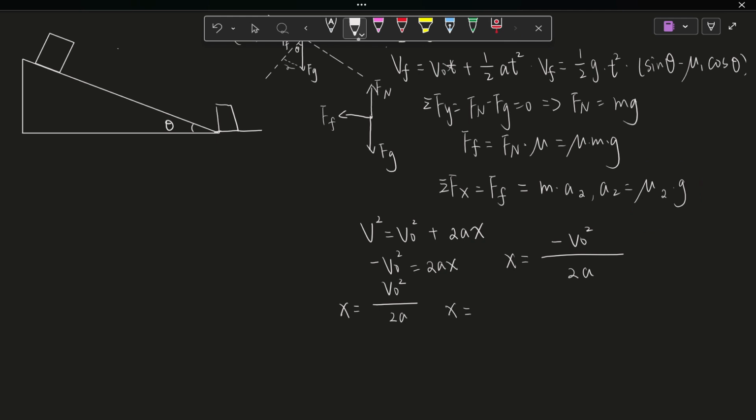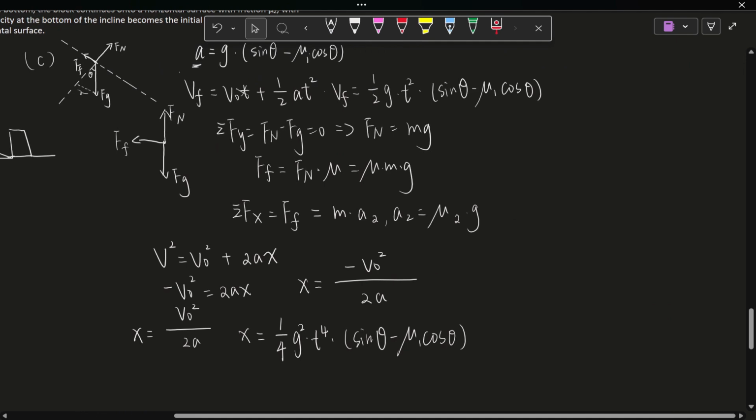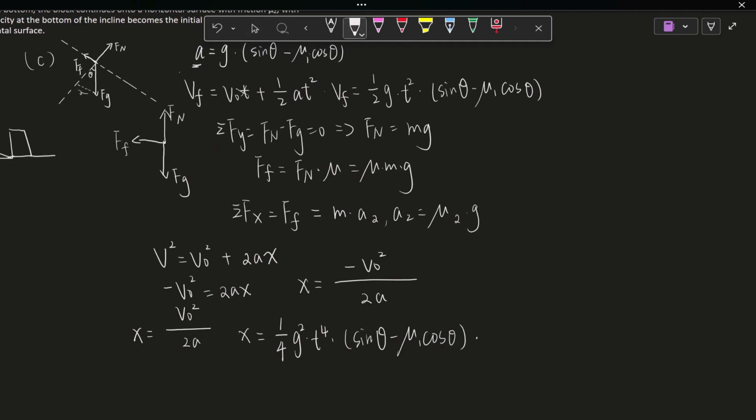x is equal to, this is a little bit complicated. A quarter of g squared times t to the fourth power times sine theta minus mu1 cosine theta, times 1 over 2 mu2 times g.